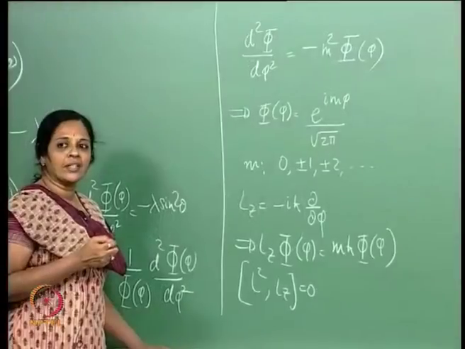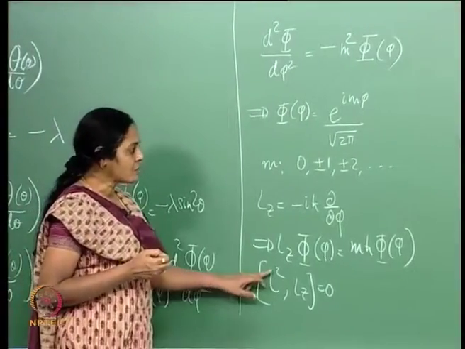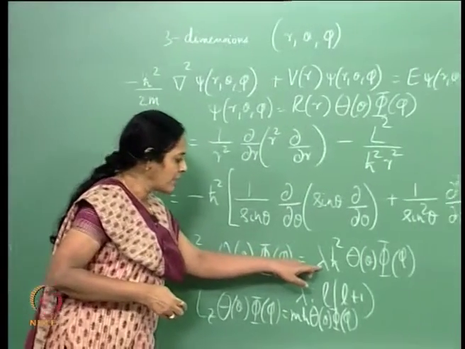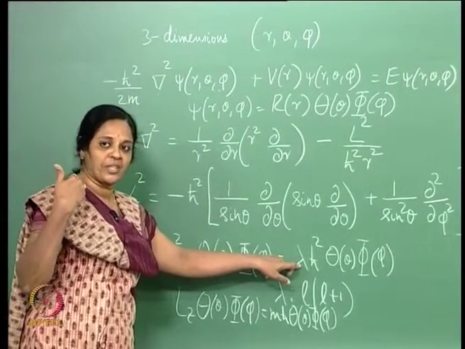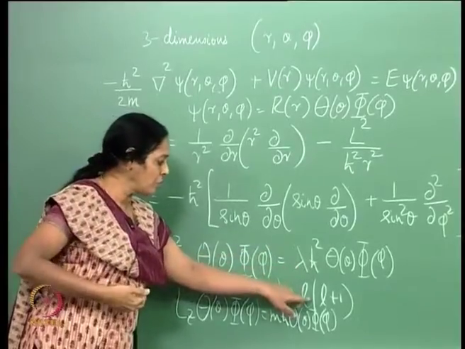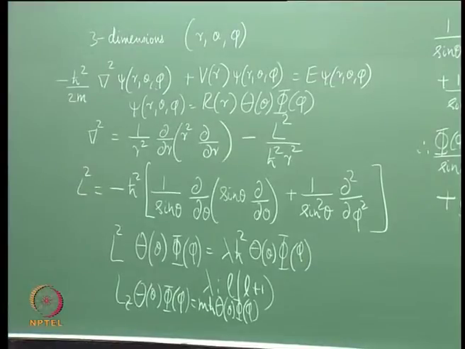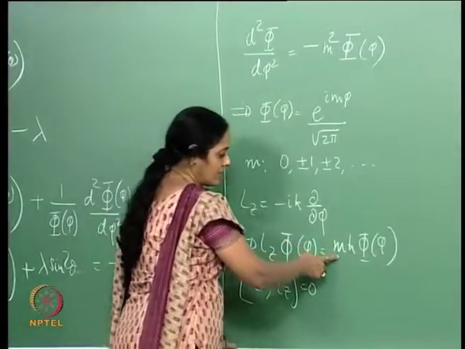We have to find the eigenvalue corresponding to L squared, and as I suggested, since this is lambda, and we know from earlier experience that lambda would be of the form L times L plus 1, we can now put 2 and 2 together.